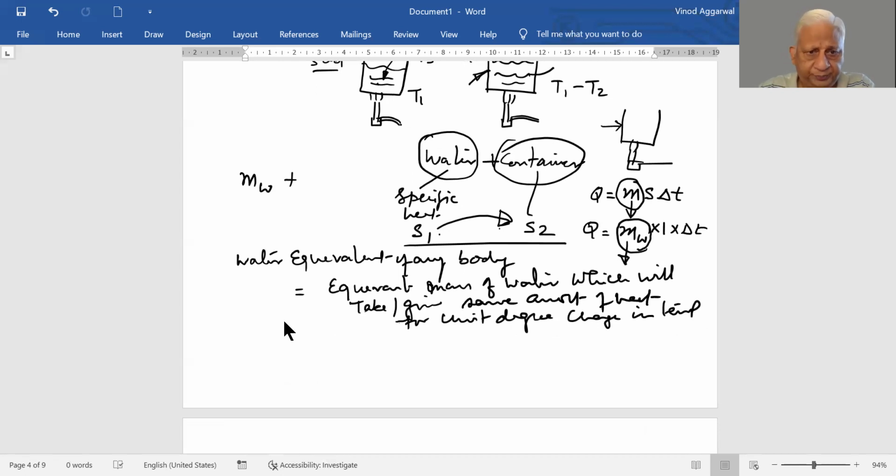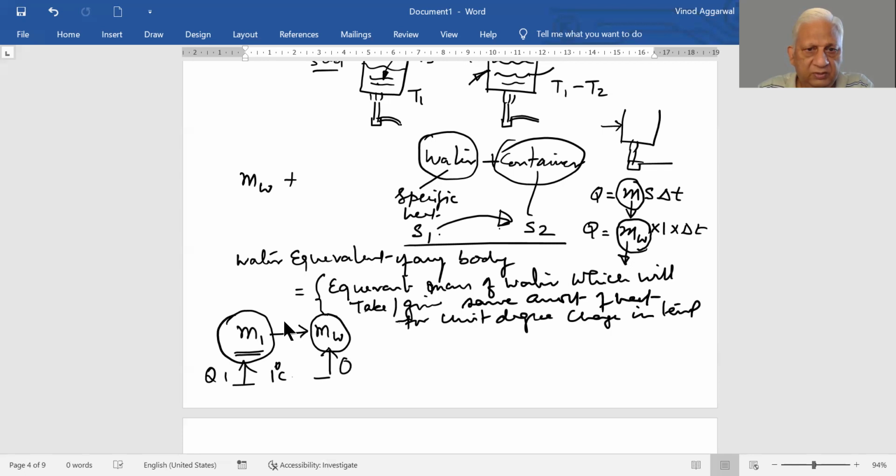Let us say the mass of the container is 1, and its water equivalent is given. What this definition says is that whether I take this much of the container material or its equivalent of water, if I heat both of them and raise the temperature by 1 degree, both will take the same amount of heat.